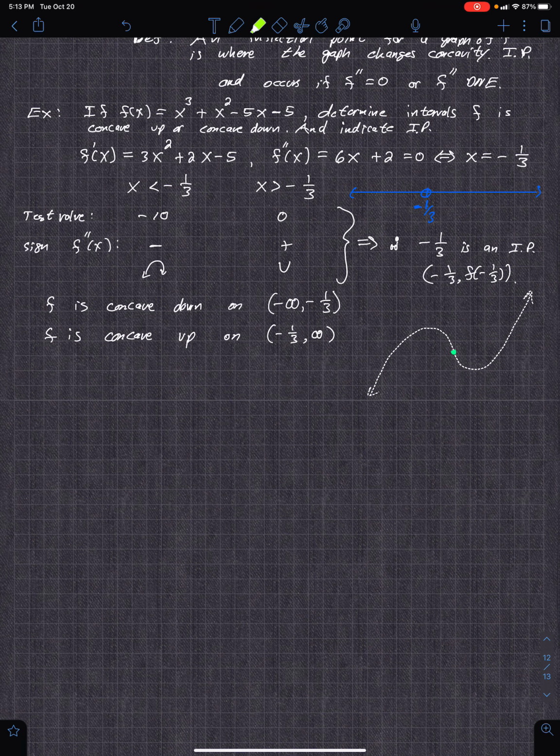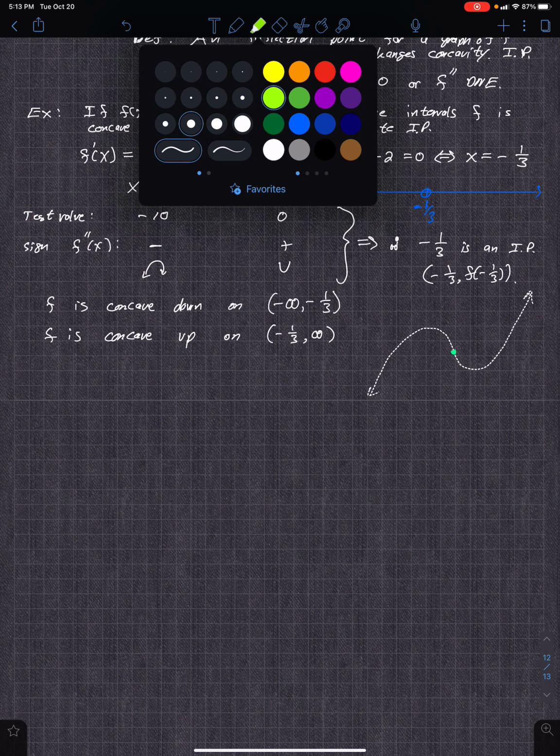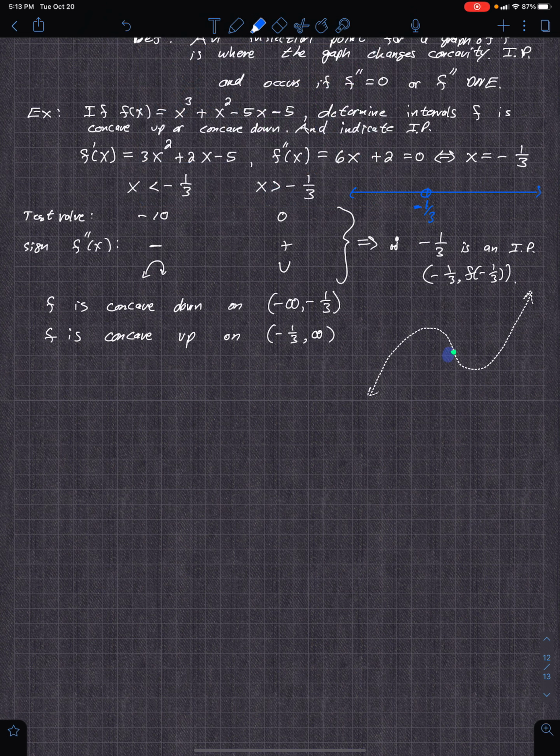So this is basically implying it's down somehow, like in here. And then right at that point it changes to being up. Right in here, so that's kind of up.